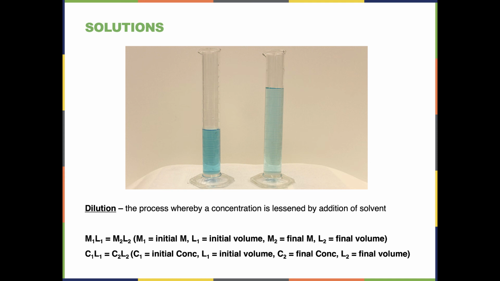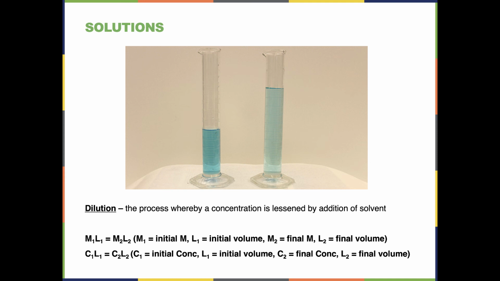Now, the way to calculate this is the molarity of the first substance times its volume is equal to the molarity of the second times its volume. So the graduated cylinder on the left has its molarity times volume. That's the concentration on the left.